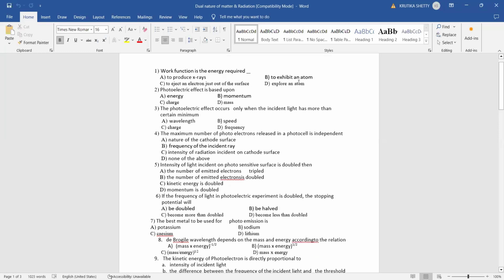The energy required for the ejection of the electron from metal surface is called as work function. So this is the correct answer.